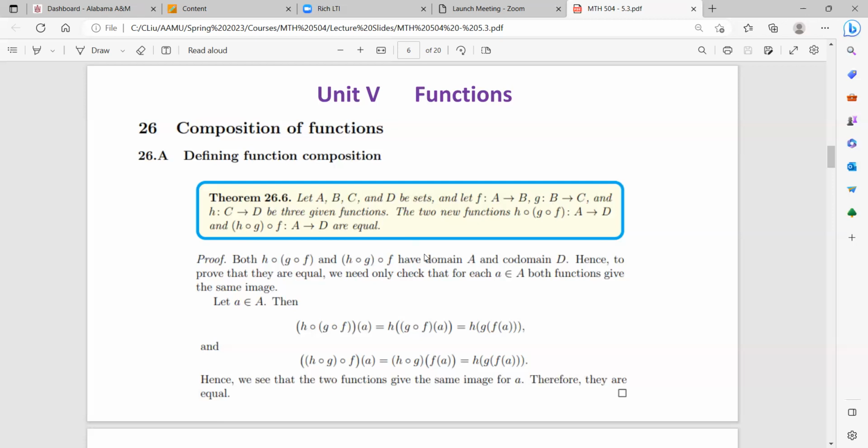Okay. So you can see these two compositions, H composed with (G compose F), and (H compose G) and then with F, have the same domain A and codomain D.